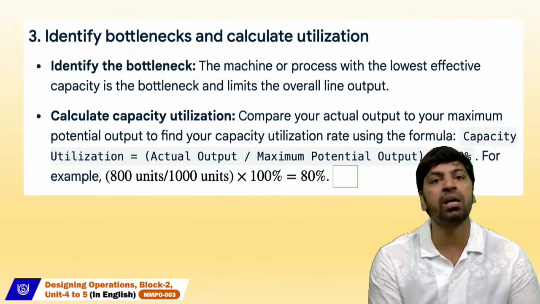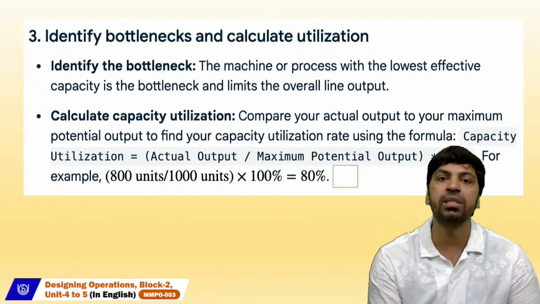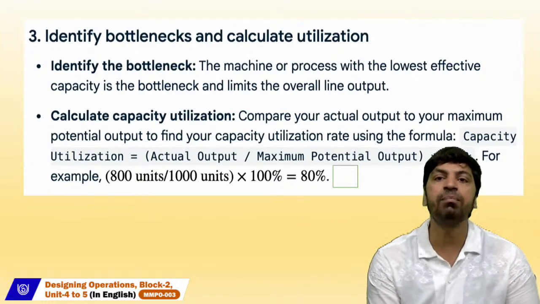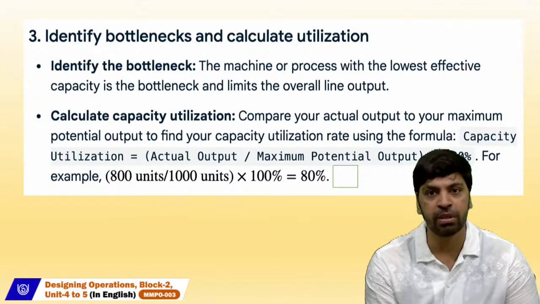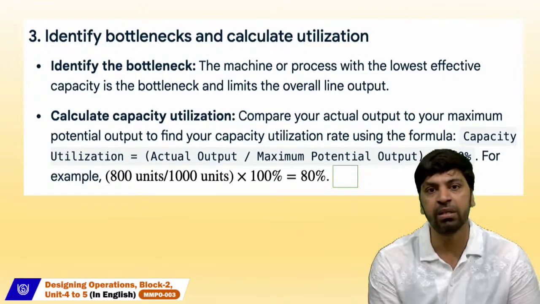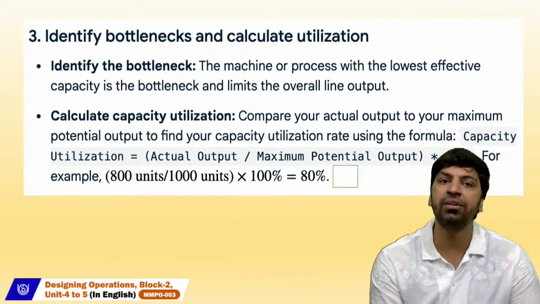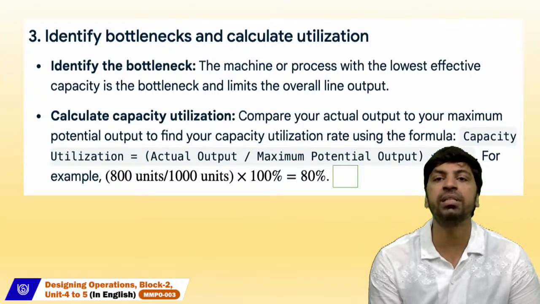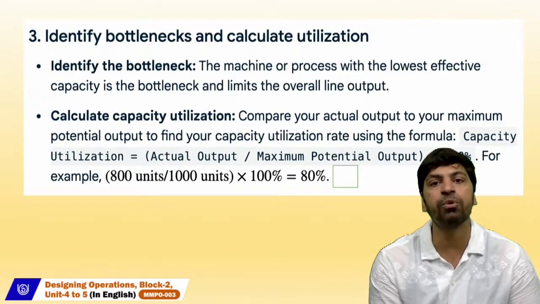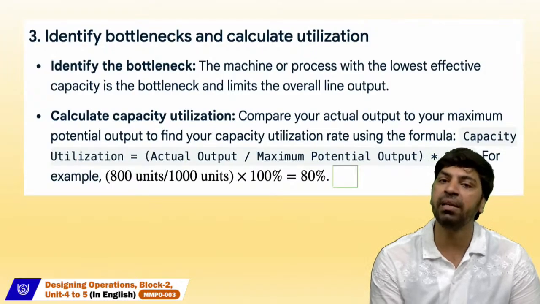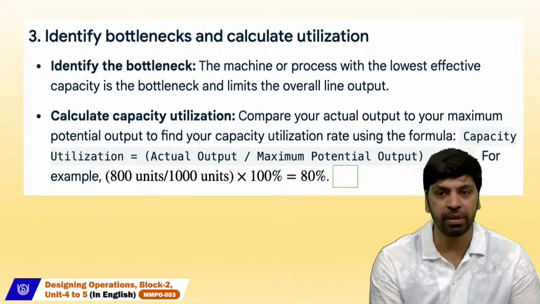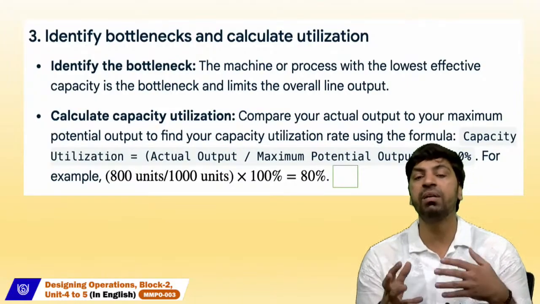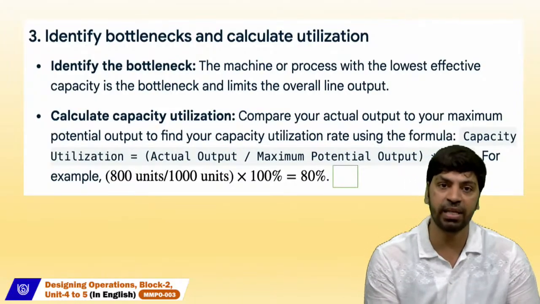Using the formula, capacity utilization is equal to actual output divided by maximum potential output into 100. For example, if 800 units is the actual output and 1000 units is the maximum potential output, multiplied by 100, that becomes 80%, because when we multiply by 100, it is expressed as a percentage.